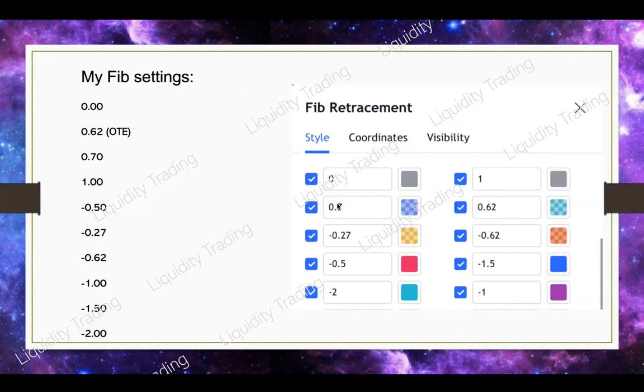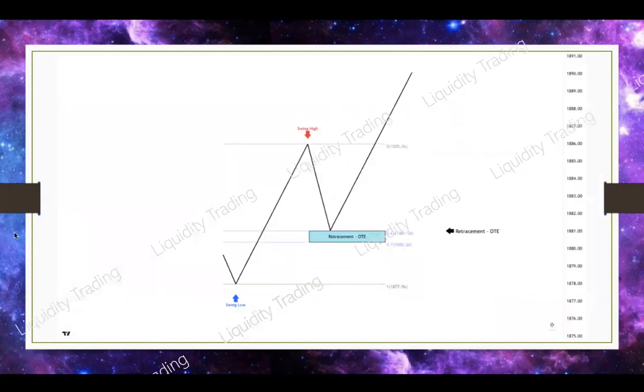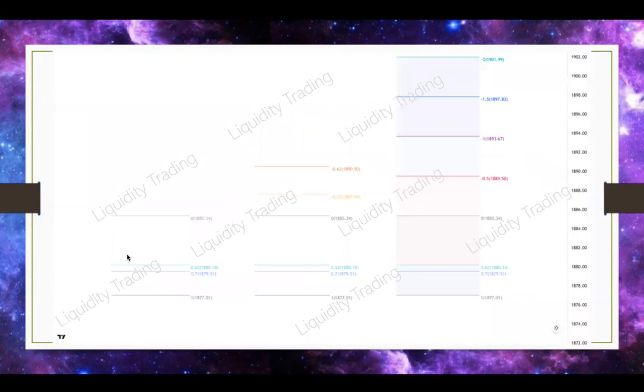So let's go back to the previous example. Now here, if you take a look at these levels on the Fib retracement, this would be a discounted price below the equilibrium, and most of my trades will be taken, and most of your trades should be taken, on the 62 level. So we are not waiting for anything below the 62% retracement level.